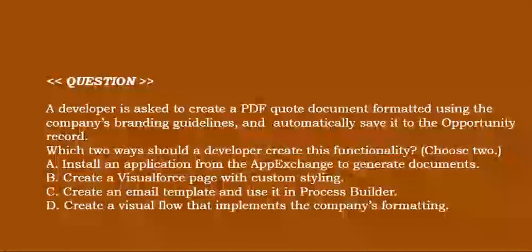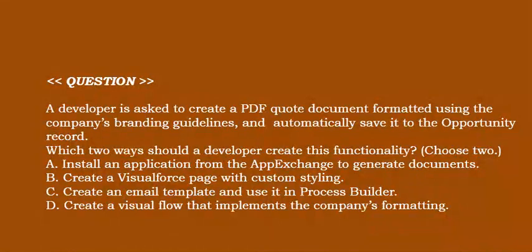Next question is, a developer is asked to create a PDF document formatted using the company's branding guidelines and automatically save it to the opportunity record. Which two ways should a developer create this functionality? Choose two options. Option A, install an application from the AppExchange to generate documents.